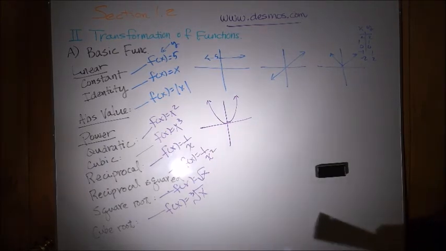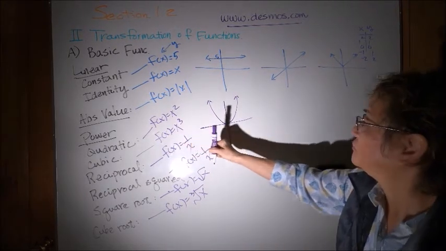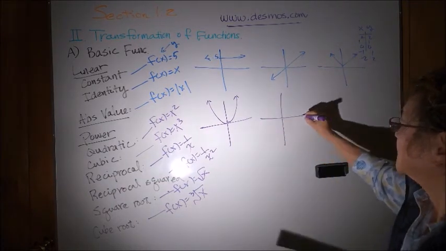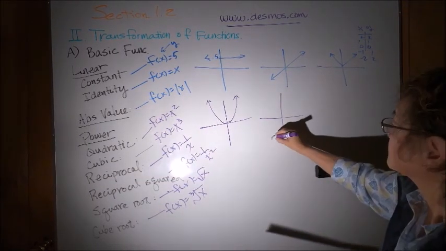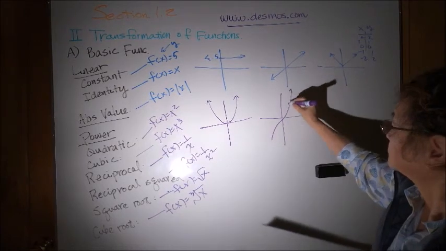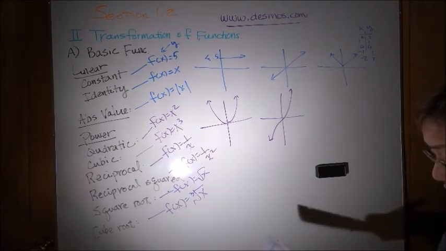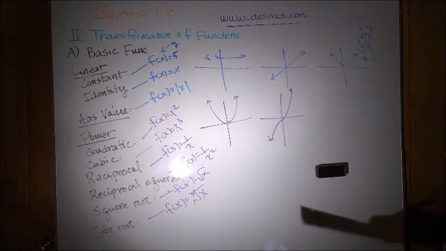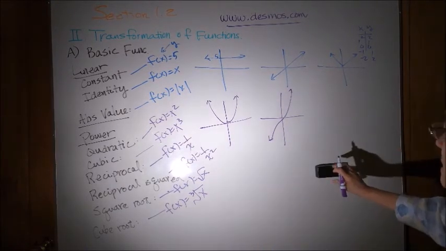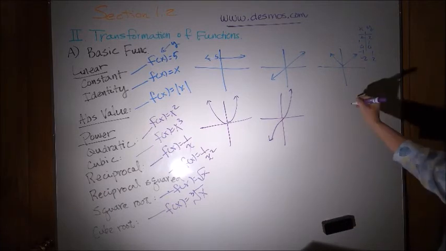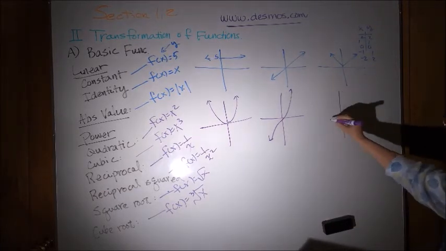Then the cube function will look like this. Then the square root function is what? A sideways parabola. Is that right?